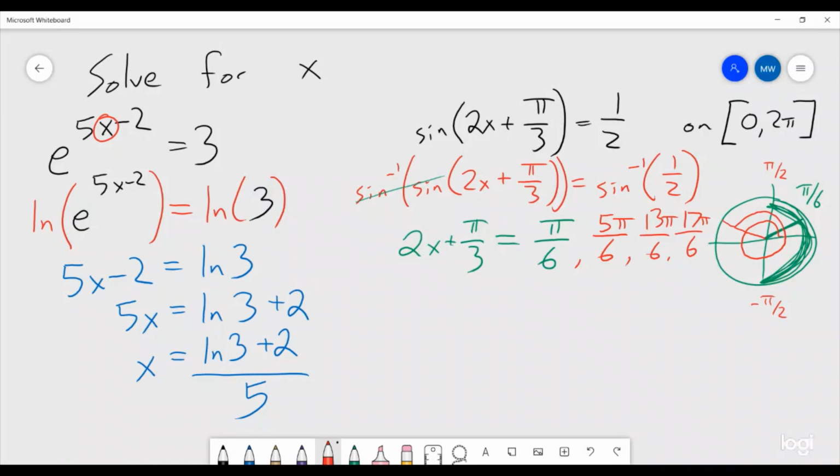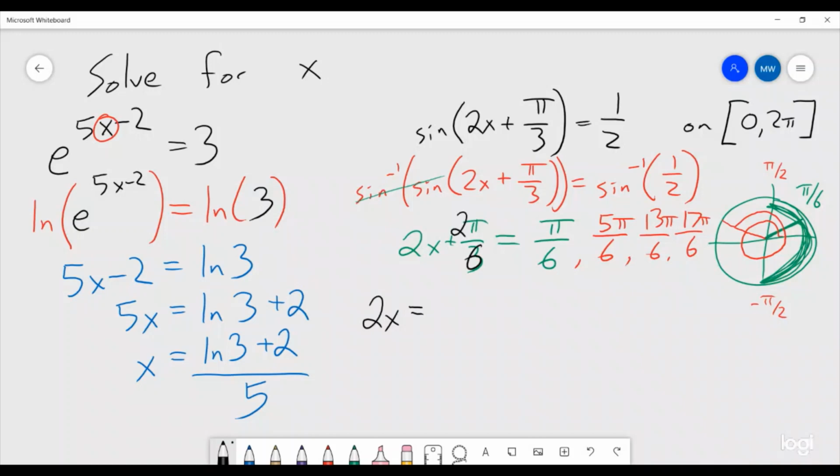Well, let's just try a few and see when they start being inside our interval and when they stop being inside our interval. So by doing that, we could then subtract pi thirds from everything. So we'd get 2x is equal to, let's see, pi over 6 minus pi thirds. Pi thirds is 2 pi over 6.